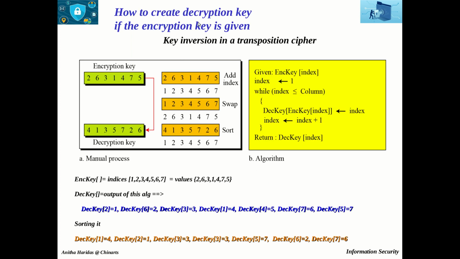Now how to create the decryption key if the encryption key is given. So how the key inversion can be done in the transposition cipher is what is depicted here. This is the simple algorithm which can be used for producing the decryption key if the encryption key is given.